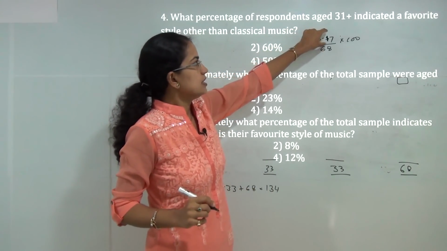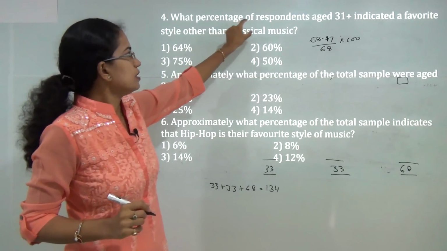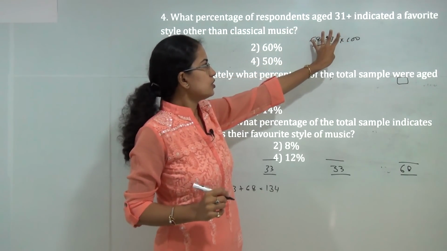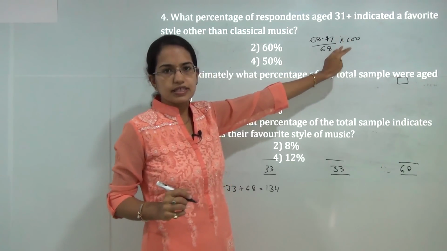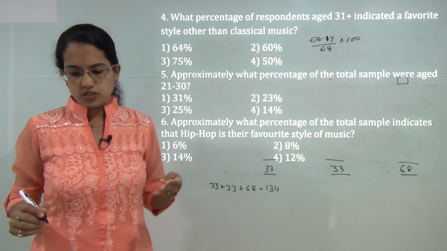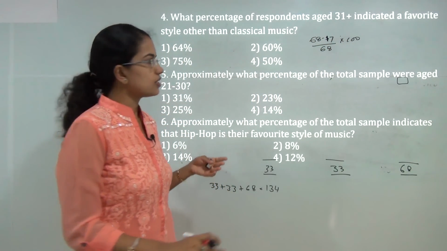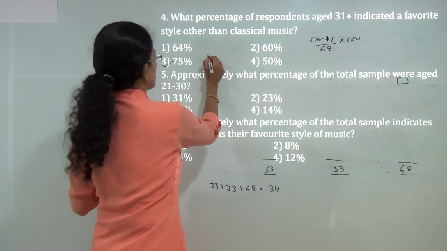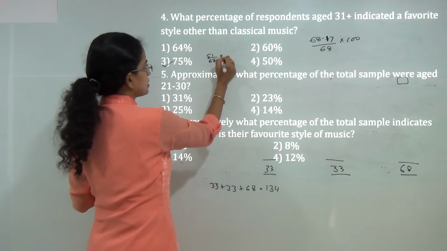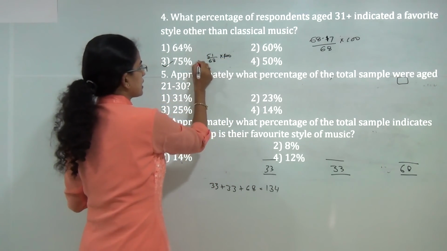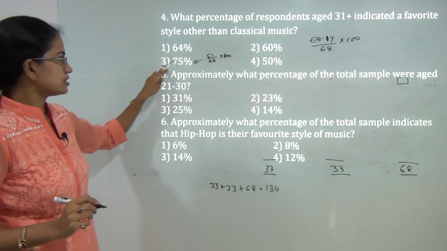This fraction excludes the people who like classical music. So 68 minus 17 divided by 68 into 100, and when I solve this, I get an answer of 75. That would be 51 divided by 68 into 100, and solving this I get 75%. So that is the first question.